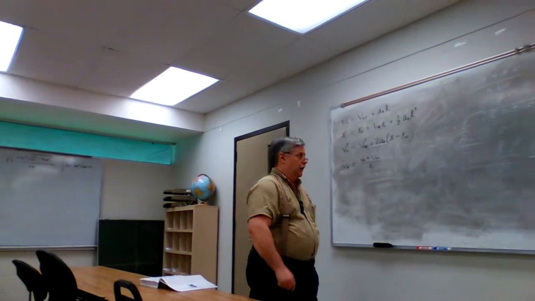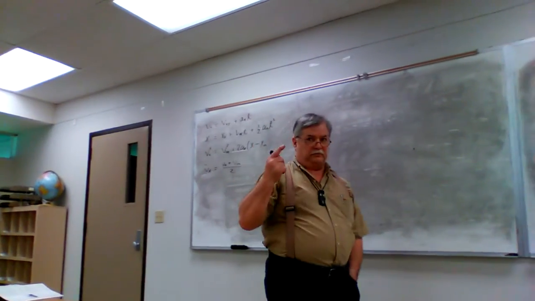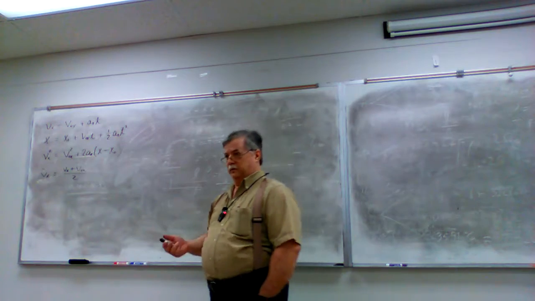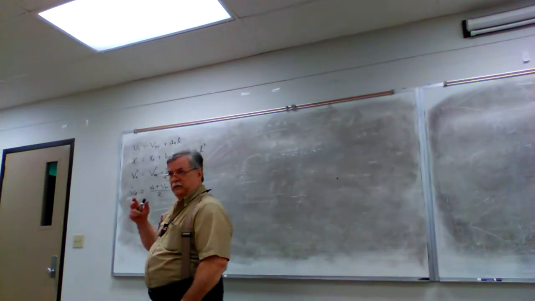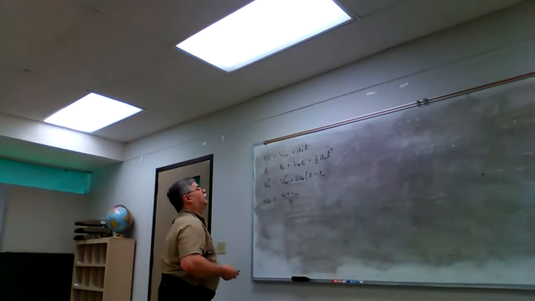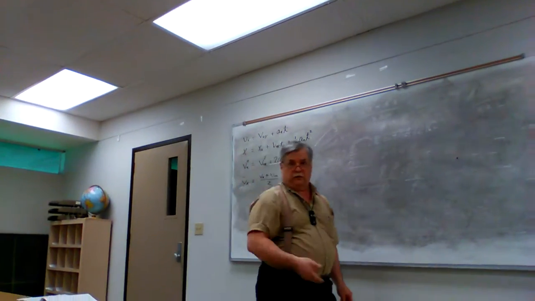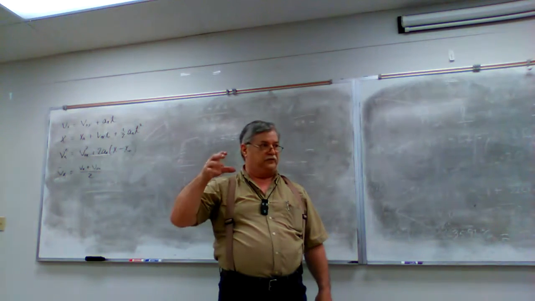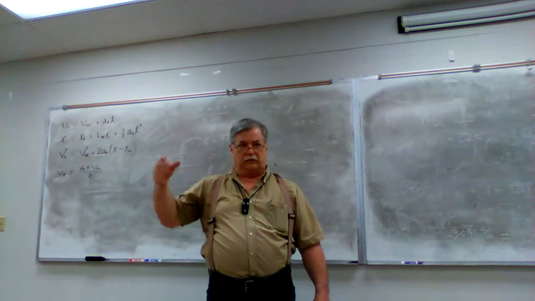Of course, all of these are based on the assumption that acceleration is constant. It could be 0, it could be positive, it could be negative, but it's constant. We also looked at some vertical, when that constant acceleration was just g, the acceleration due to gravity.